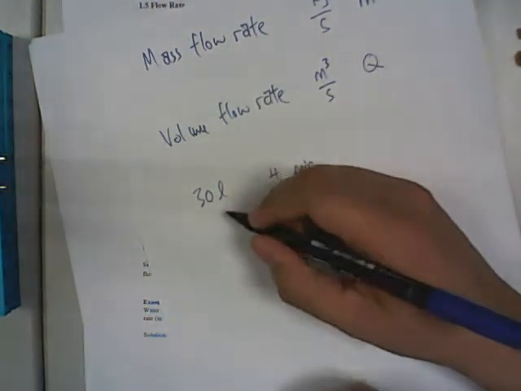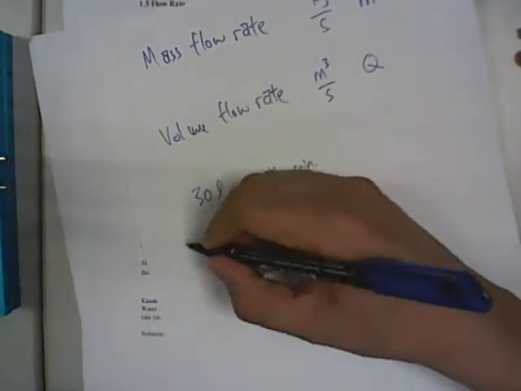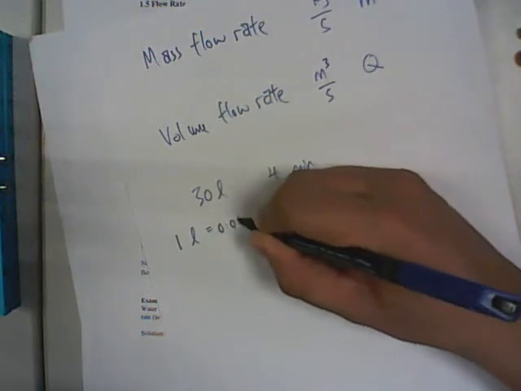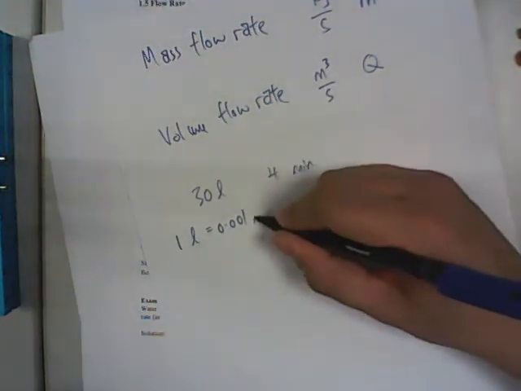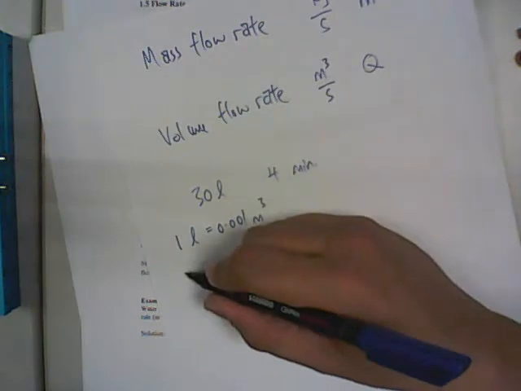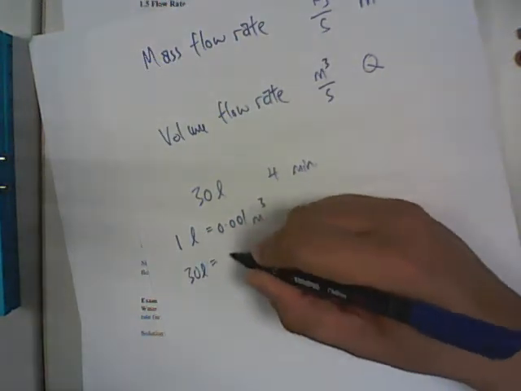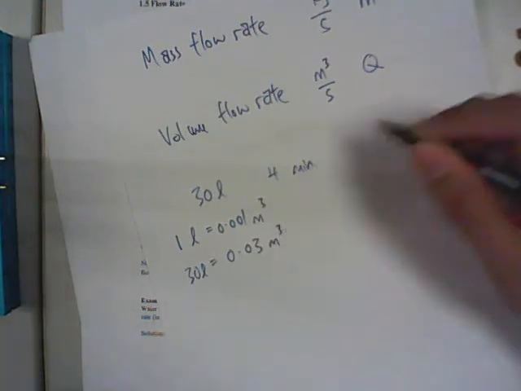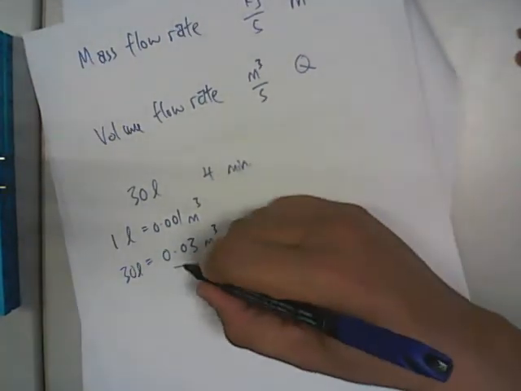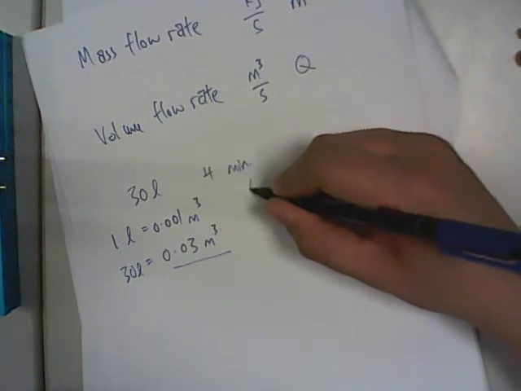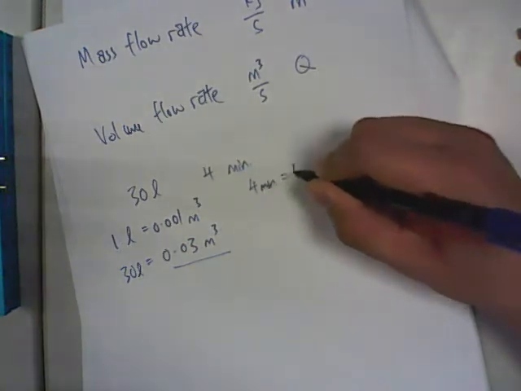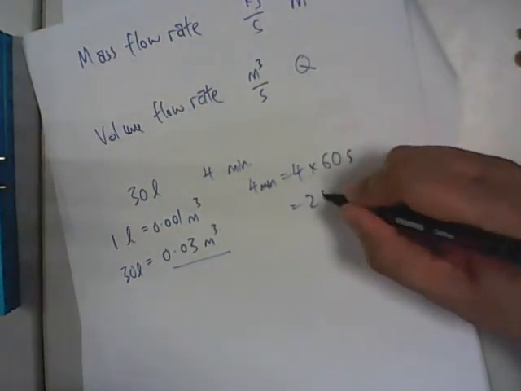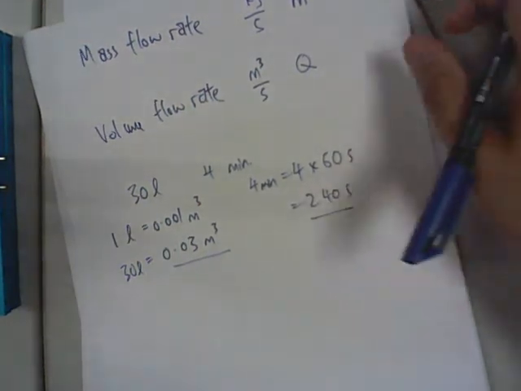The conversion from liters to meter cube is: 1 liter is 0.001 meter cube, so 30 liters is 0.03 meter cube. This is in SI units already. And 4 minutes is 4 times 60 seconds, which gives you 240 seconds.